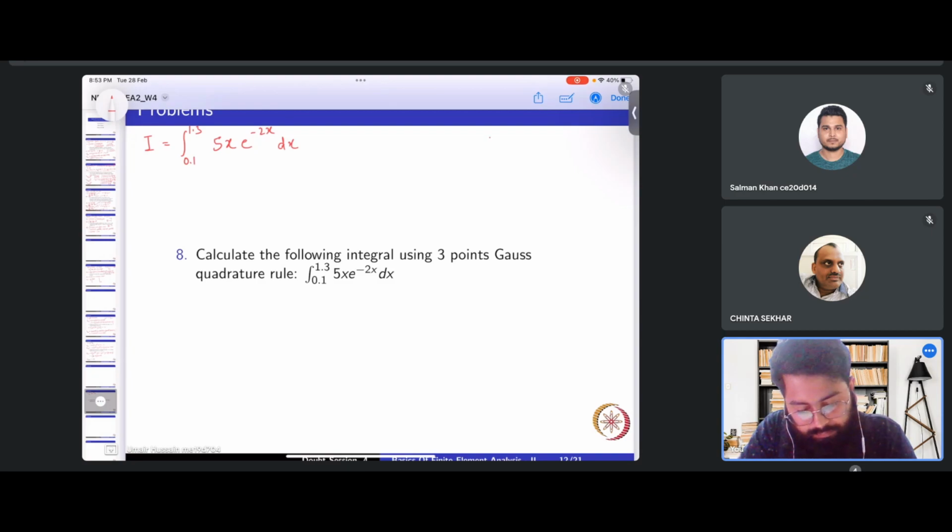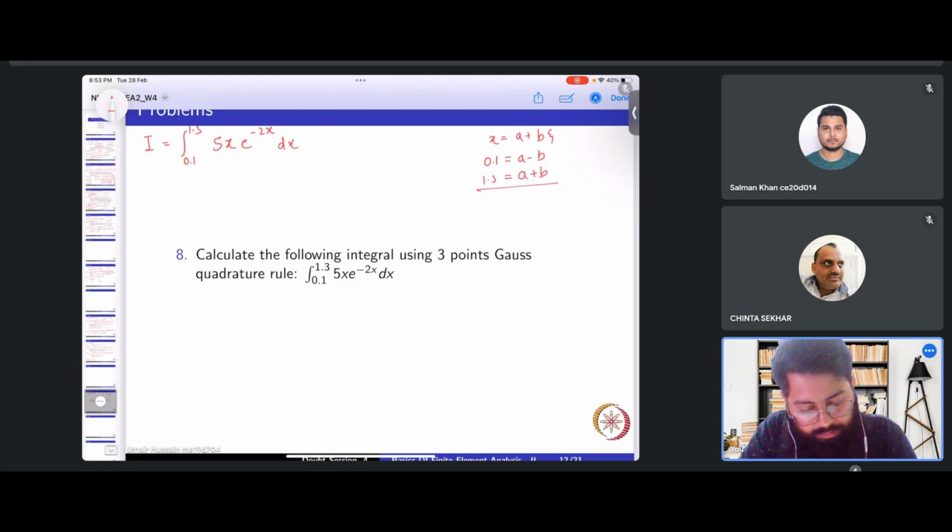So we have x equals a plus b zeta. At x equals 0.1, we have zeta equals minus 1, and at x equals 1.3, we have zeta equals plus 1.